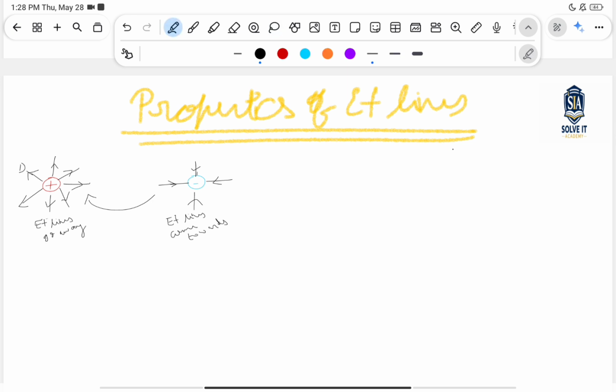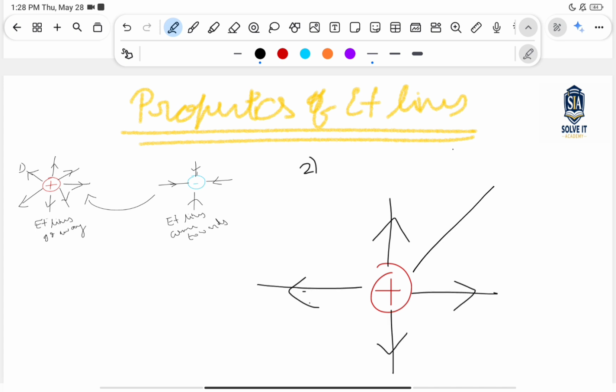Now the second property. What is the second property? The tangent to a field line at any point gives the direction of the field at that point. If this is my positive charge, and the electric field lines are moving like this, actually they will not be moving like this at all.